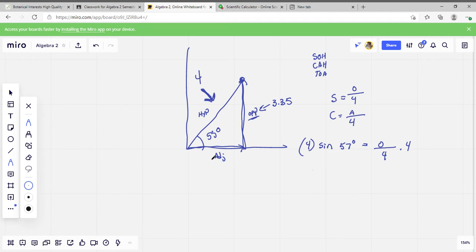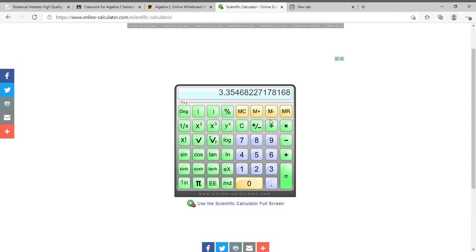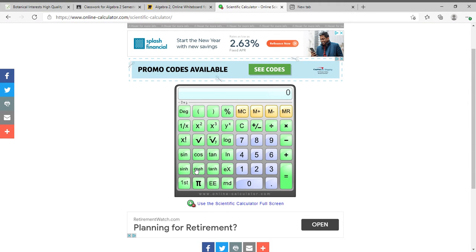Now we're going to figure out our over, that's our adjacent. So that would be the cosine of 57 degrees equals adjacent over 4. So we're going to multiply times 4 on both sides. So we need 4 times the cosine of 57 degrees. So we're going to clear that, and we're going to say 57 cosine.